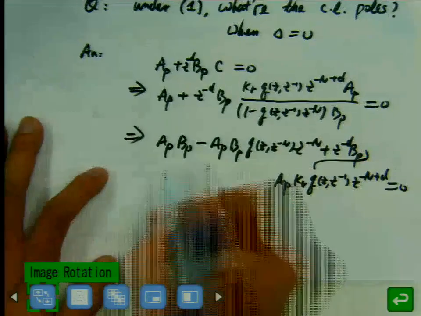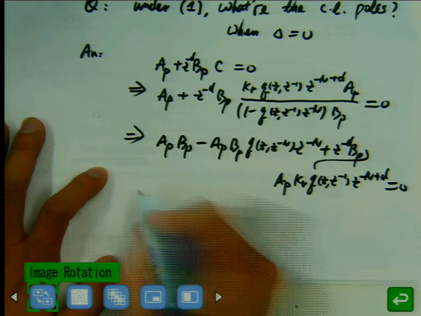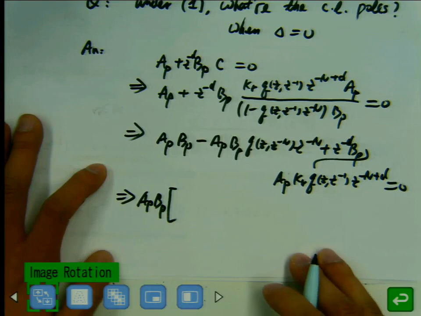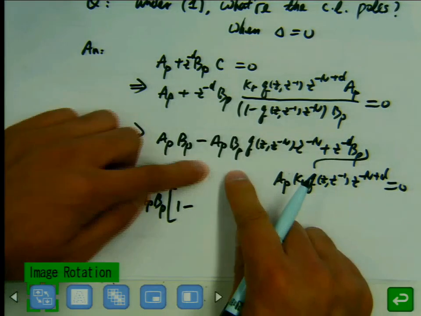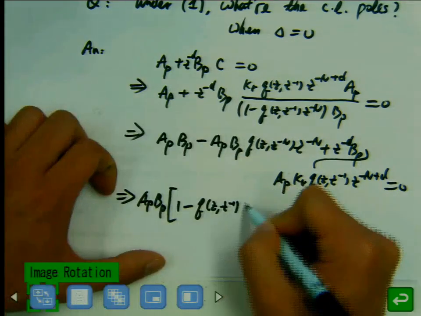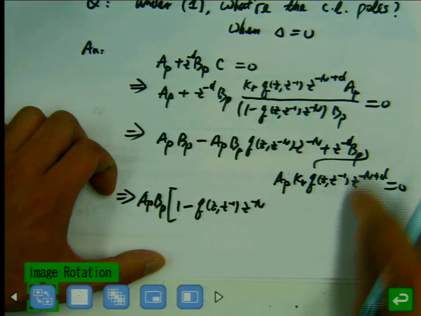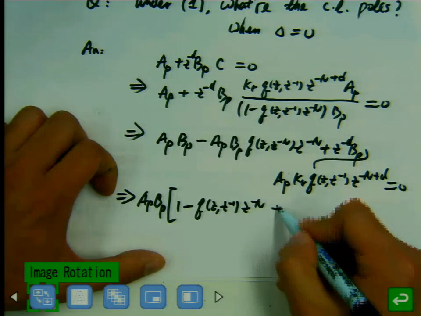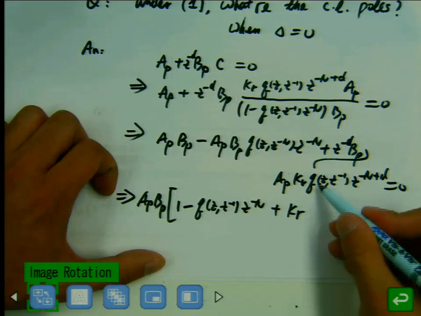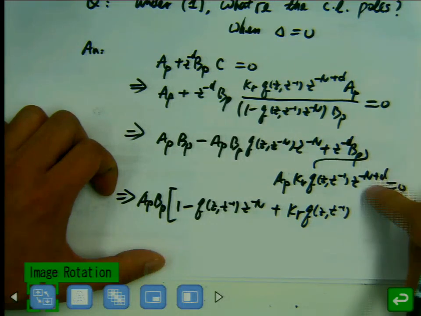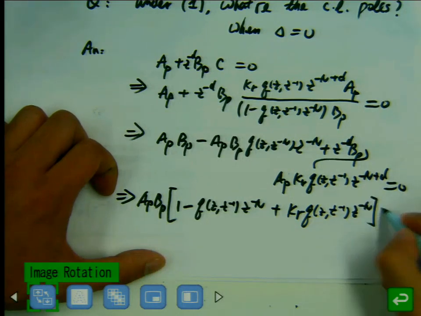Yeah. So now observe that I can factor out AP and BP. Inside, I'm going to have 1 minus the first term, Q Z inverse Z negative N. And then if I factor out BP and AP, the remaining part is going to be KR Q Z inverse Z negative D times this guy, Z negative N, equal to 0.